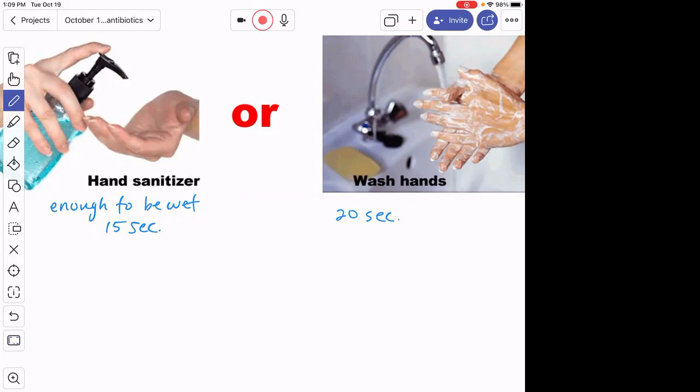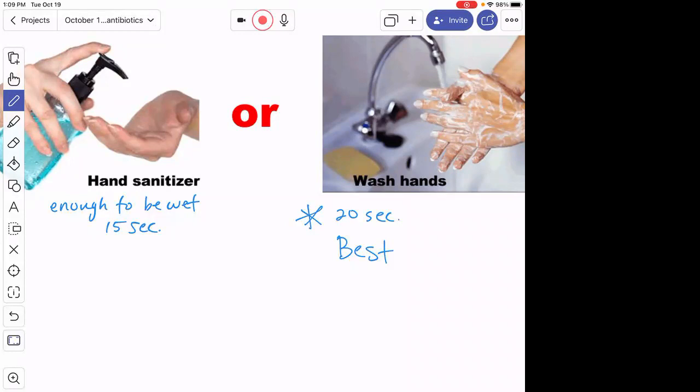Studies say that it's still best to wash hands, in terms of getting rid of any pathogens, any disease-causing organisms that would be on your hands. When available, it's best to wash your hands, just because you're rinsing them away.